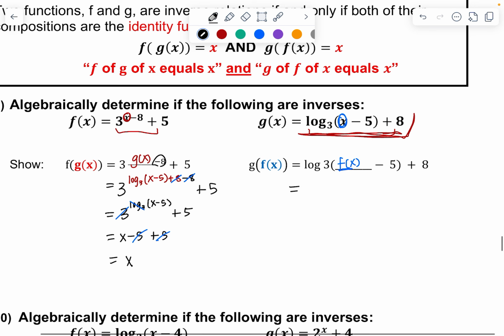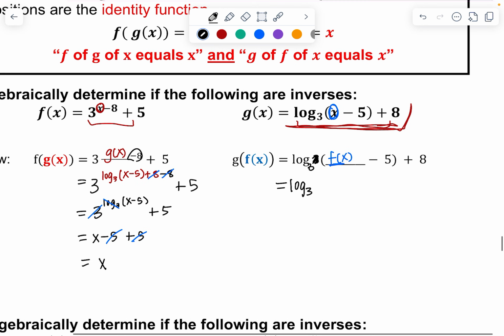And so we can simplify log. I think this was supposed to be a base 3. That was a typo. So log base 3 of, and then let's go get the rule for f of x, which is 3 to the x minus 8, and then a plus 5 outside. And then we have this minus 5, close parenthesis, plus 8.